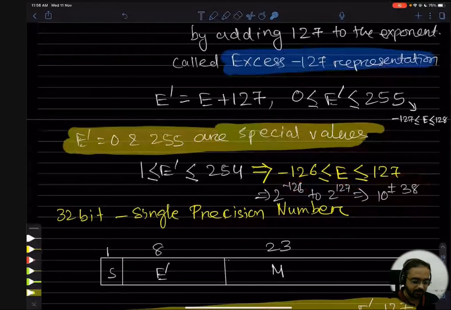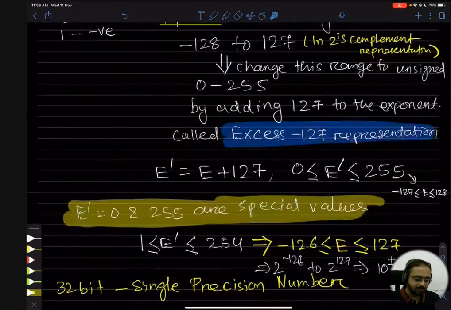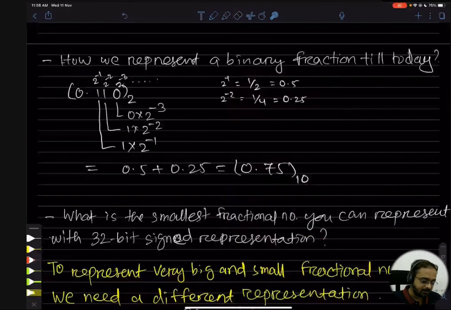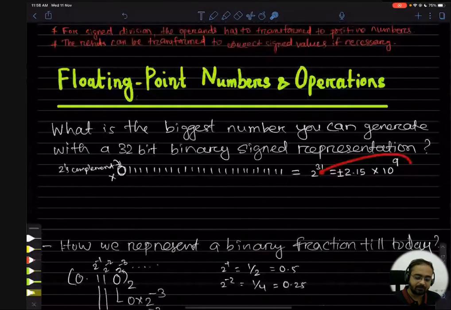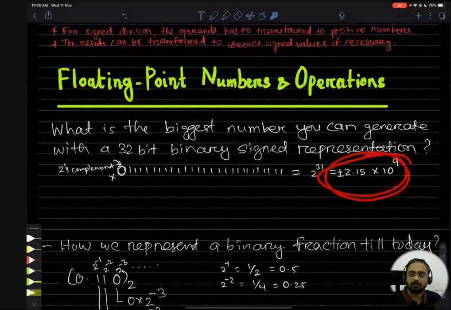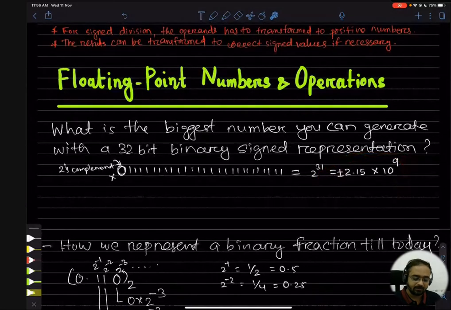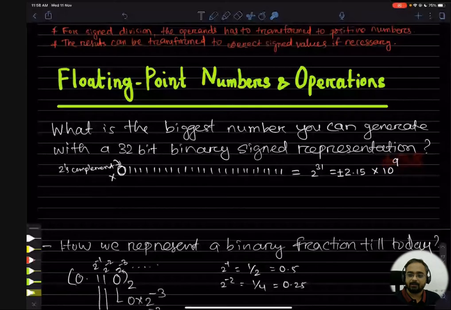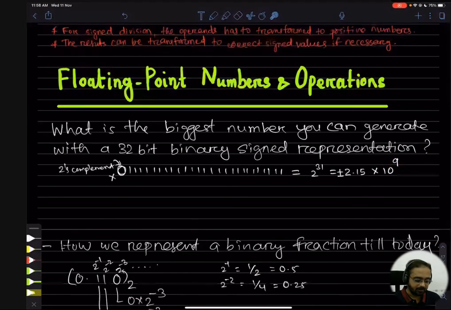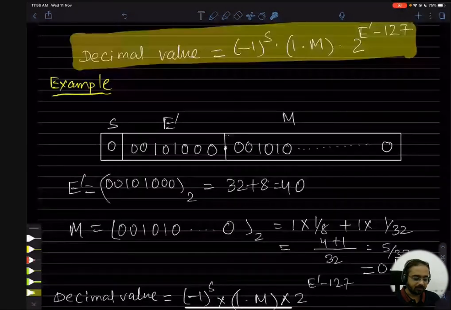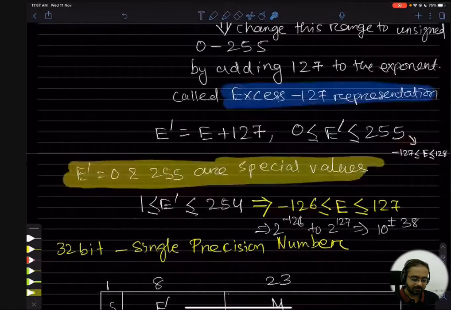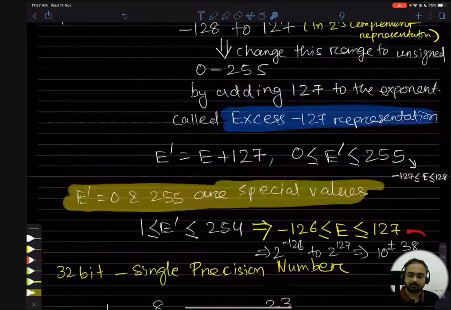This is the highest range you can represent using the 32-bit IEEE floating point representation. Instead of the earlier representation, where we could represent only up to 10 to the power 9, now we can represent plus minus 38, which is a very big number. Understood?